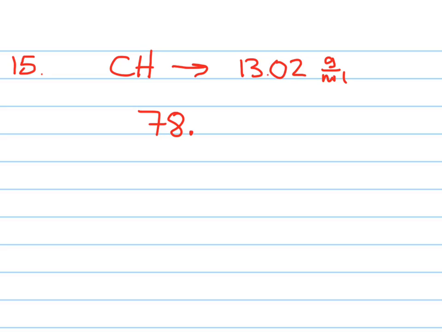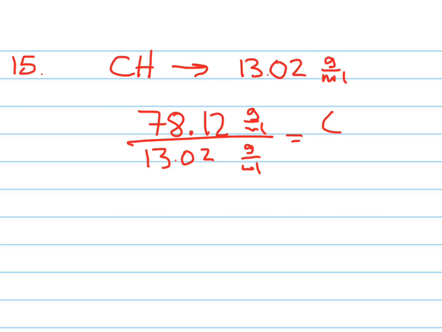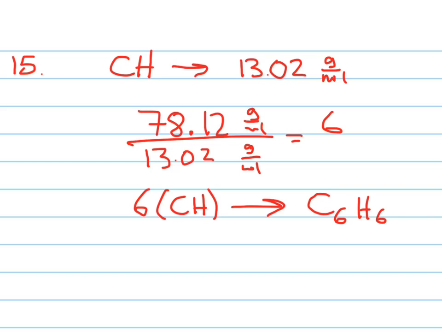So we take our 78.12 grams per mole and we divide it by 13.02 grams per mole, and that is 6. That shouldn't be much of a surprise, so that we have 6 of these CHs, which of course leads us to believe that we have C6H6, our good old friend benzene, most likely.